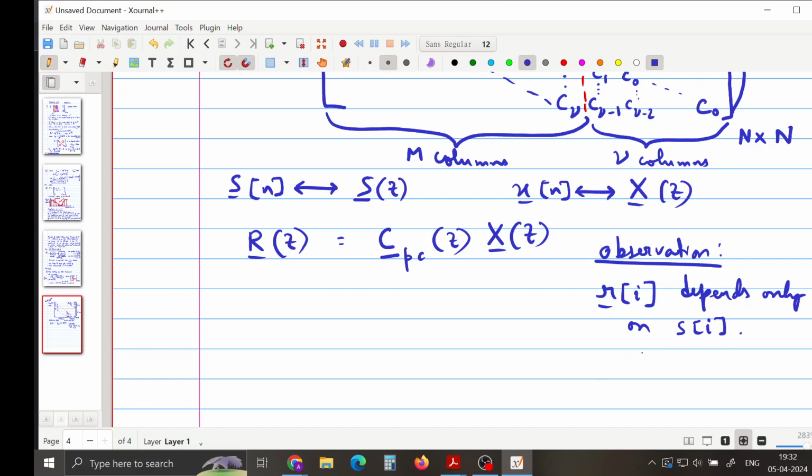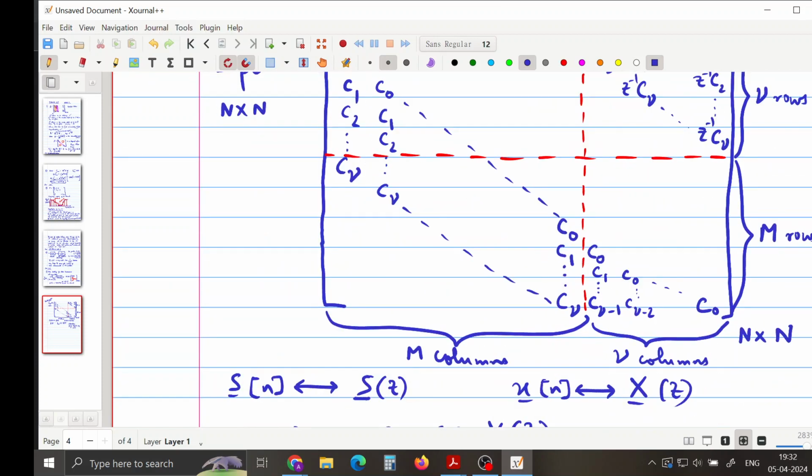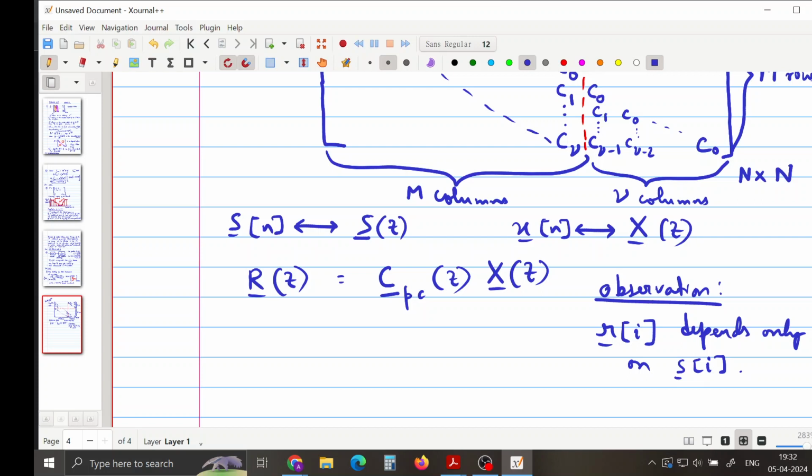So the contribution from those memory terms, these Z inverse terms, cancel out. They don't have any contribution in the overall relation.